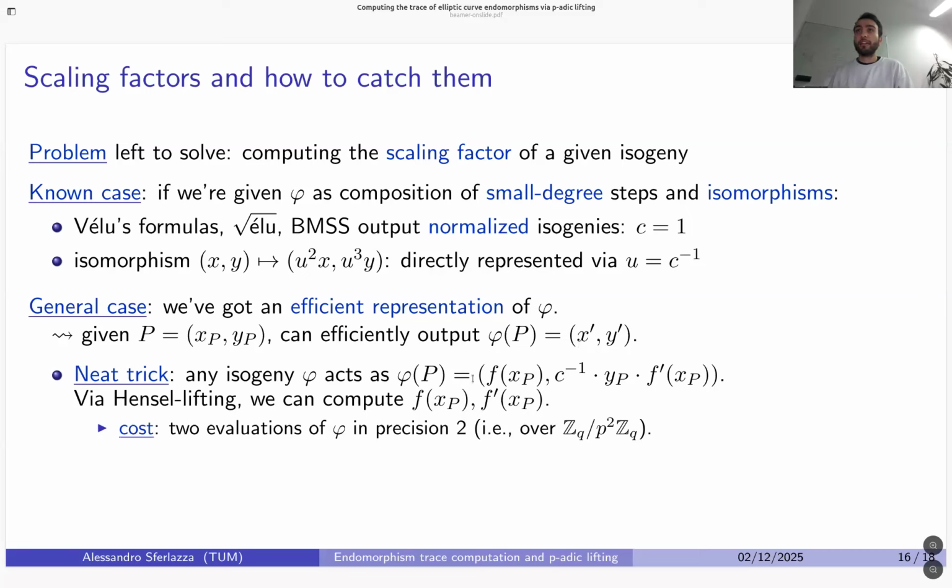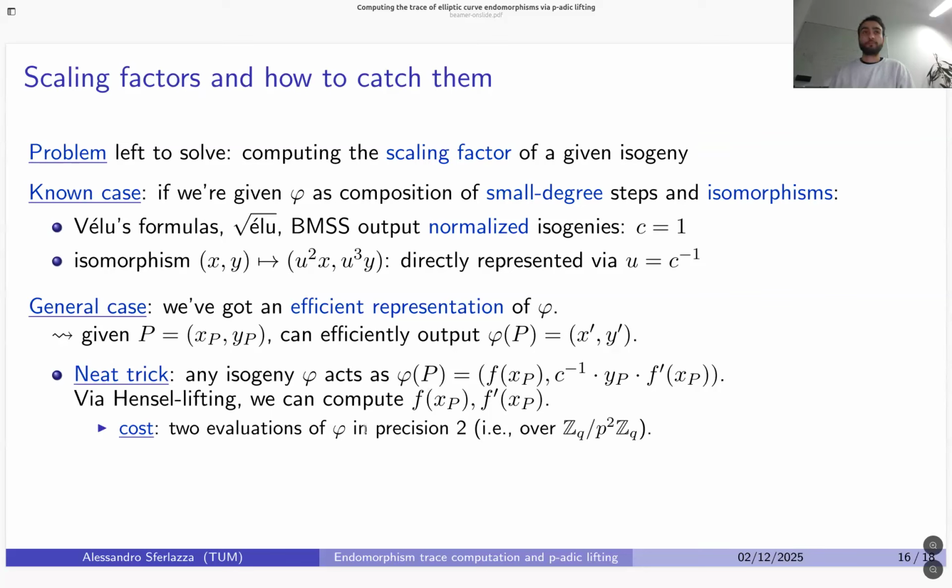If we call f the rational function that expresses the dependency of the x coordinate, then the y coordinate will depend on the y coordinate of the original point, the derivative of this function, and the scaling factor. Through Hensel, we saw that even if f is not explicit, we've still got a black box evaluation algorithm.